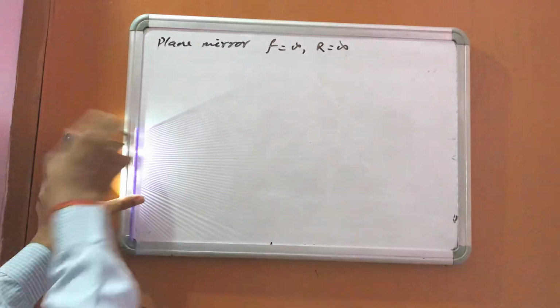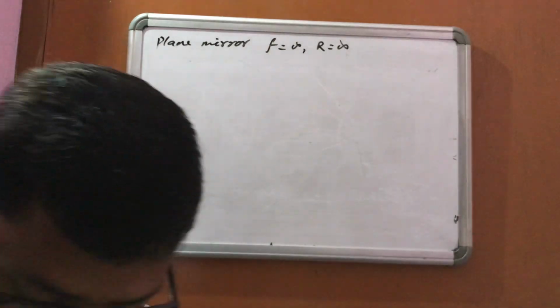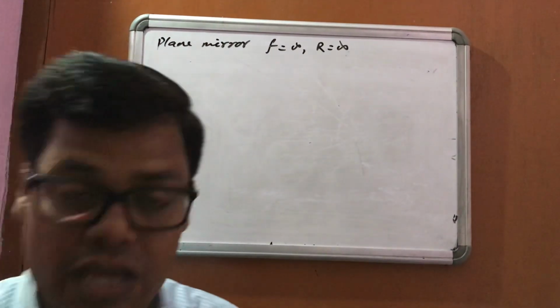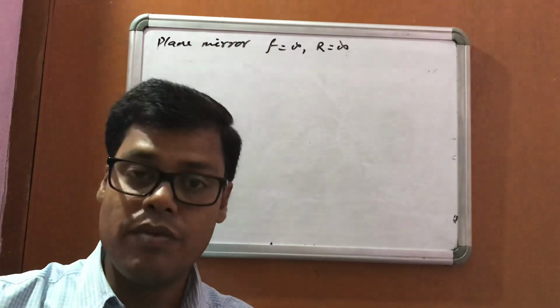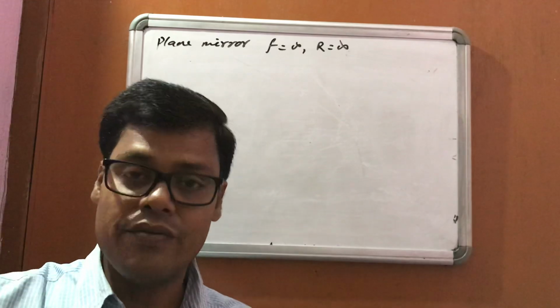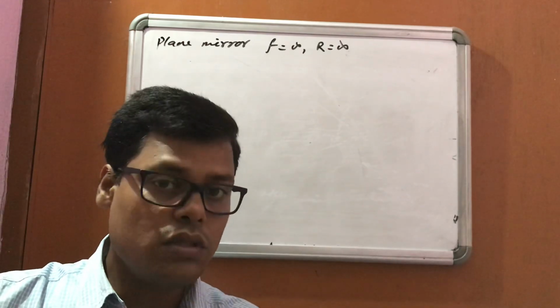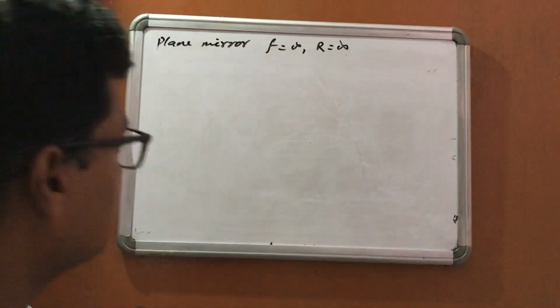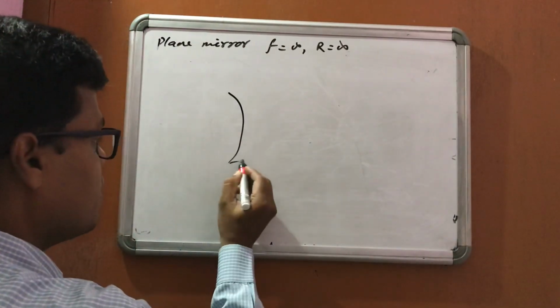Now, the question is, why in case of a concave mirror the parallel beam of light converges and in case of a convex mirror it diverges? To follow the laws of reflection. This is a concave mirror.